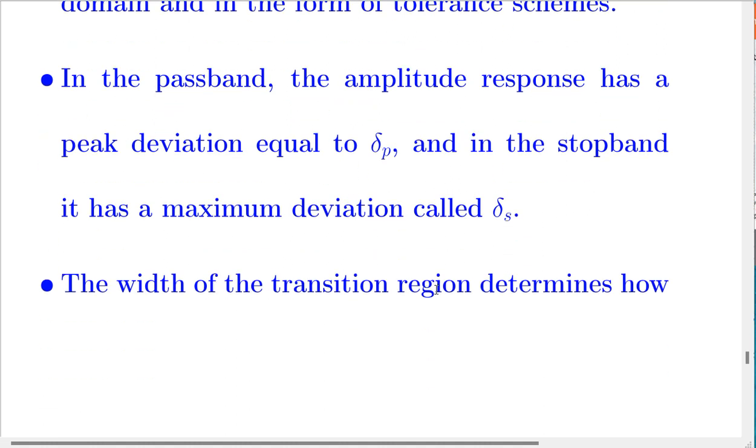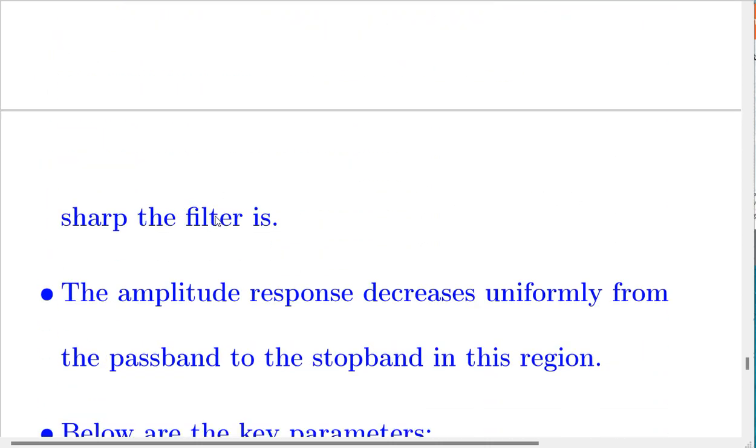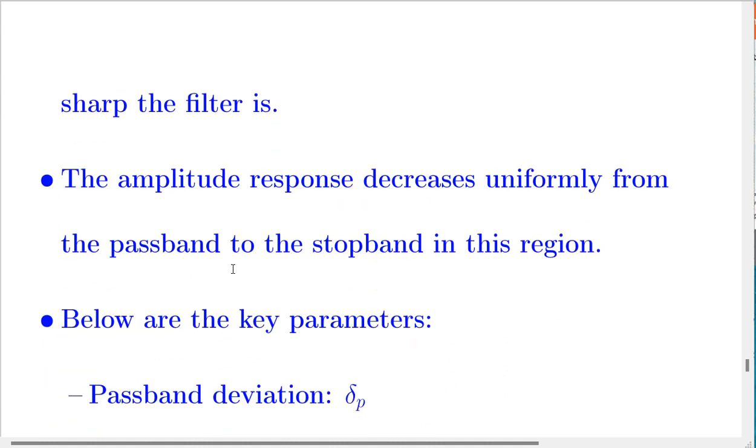The width of the transition region determines how sharp the filter is. The amplitude response decreases uniformly from the pass band to the stop band in this region. It means a transition region. Okay?